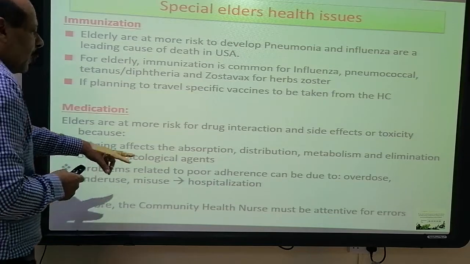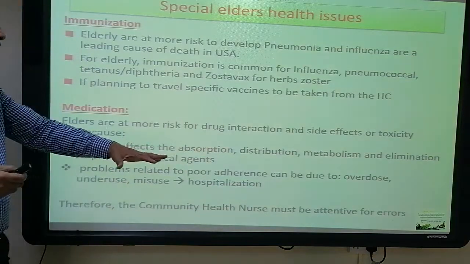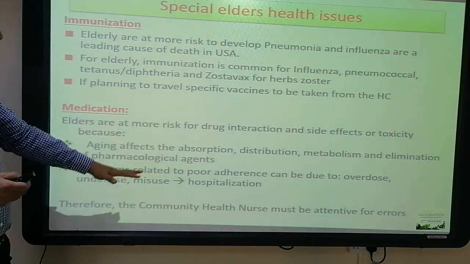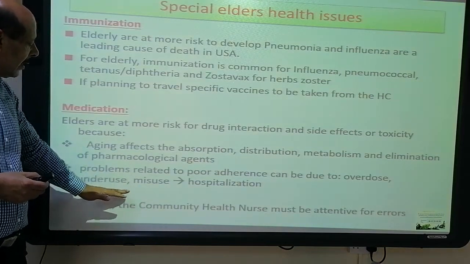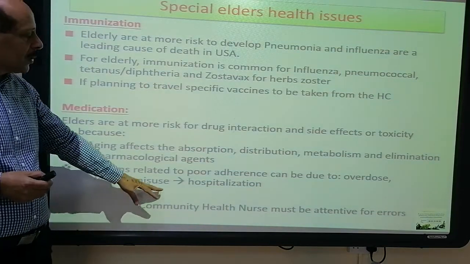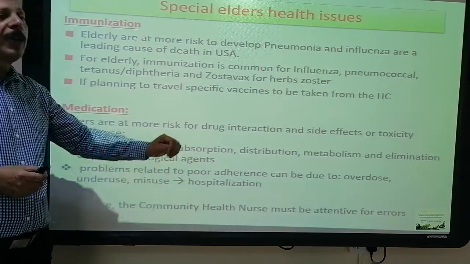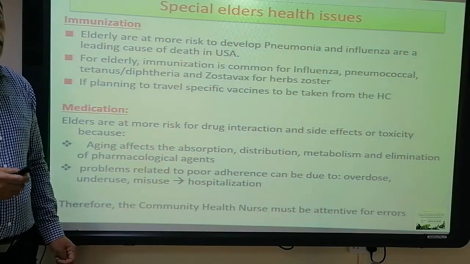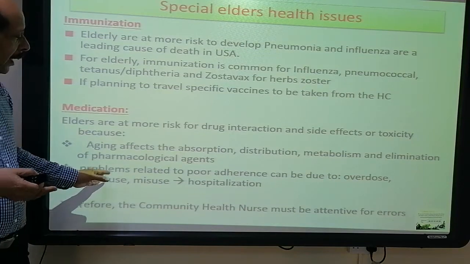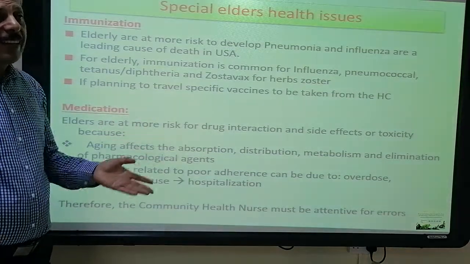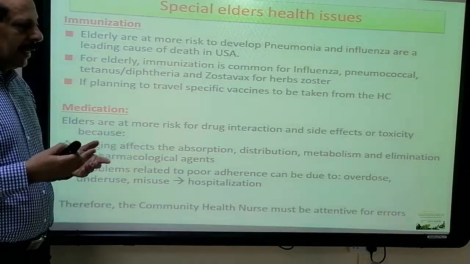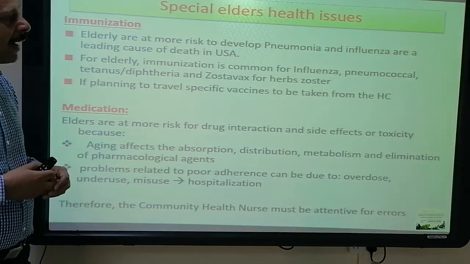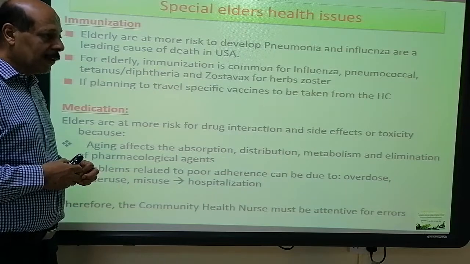Problems related to poor adherence can also be due to overdose or underuse or misuse, and it will lead to hospitalization. So sometimes the clients do not adhere to the drug regimen, and they are not taking their drug on time.